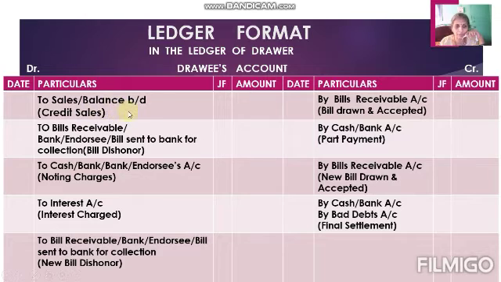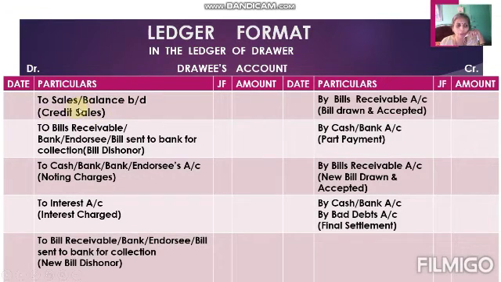Credit sales. What is the entry in the books of drawer? The entry is drawee's account debit to sales account. So, posting in drawee's account debit: on the debit side of drawee's account we write 'To sales account' for credit sales.